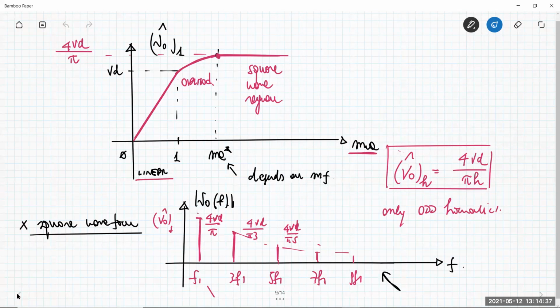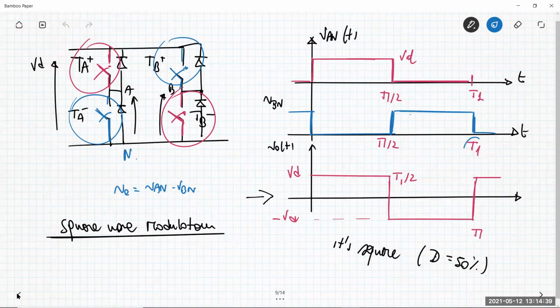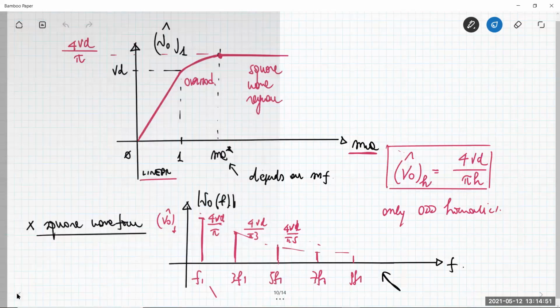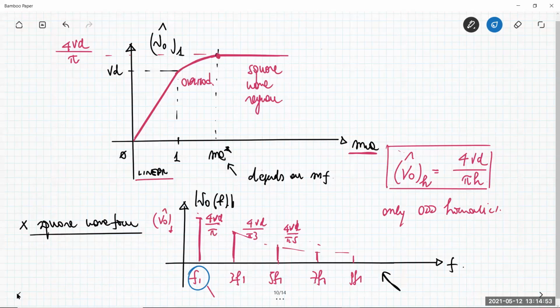If you change the T1, which is the frequency of this switching action I just described to you, I can change the frequency f1 I have here. So basically, I can modulate the frequency of the output fundamental component. This is possible, exactly as I was able to modulate the output frequency in pulse width modulation or in overmodulation.